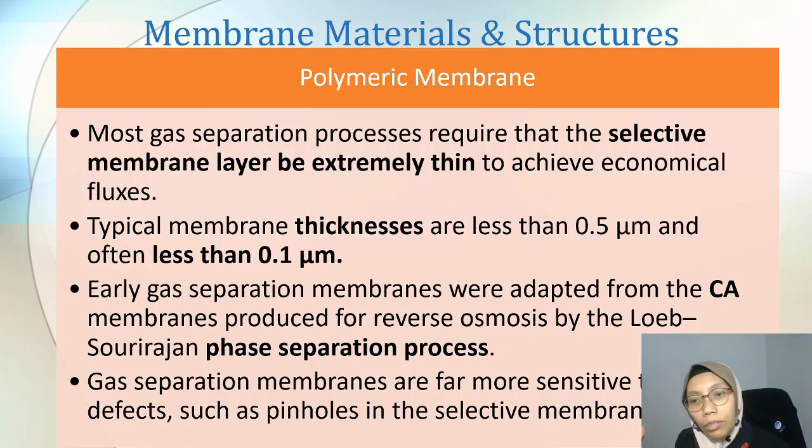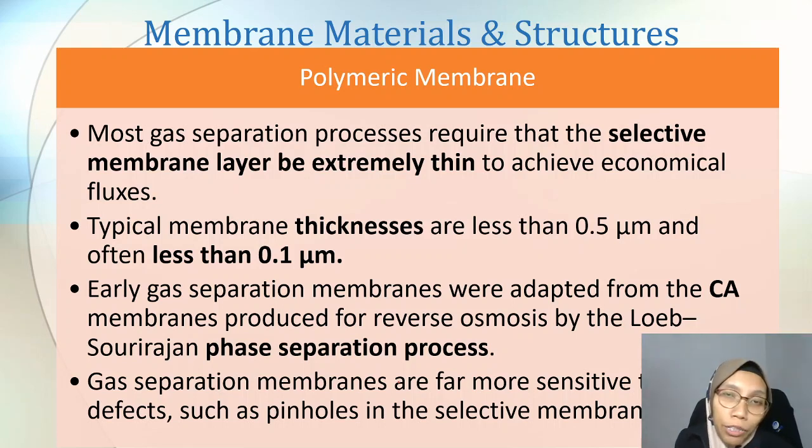But when we use a method introduced by Loeb-Sourirajan, where we use a phase separation process, then the membrane produced by this method will have very small minor defects, or we call them pores.